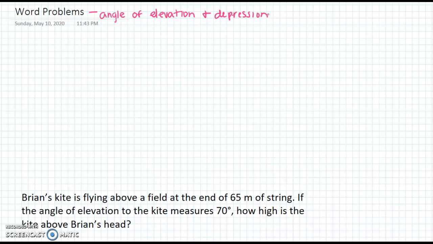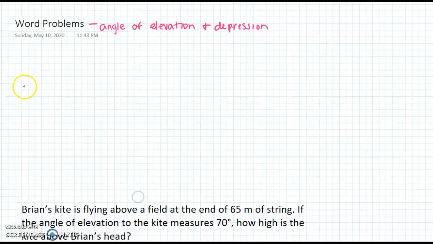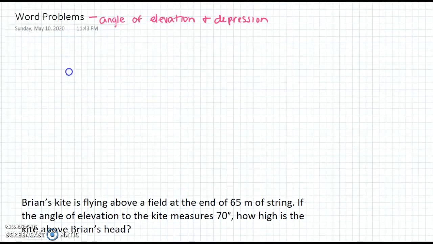So, before we discuss these things, we should talk about the definition. Both the angle of elevation and the angle of depression are measured from a horizontal. The angle of elevation is commonly measured from something typically below, and it's measured up.